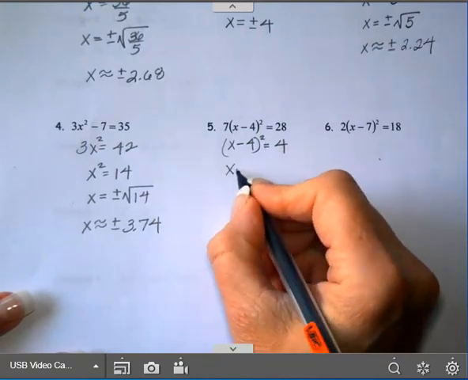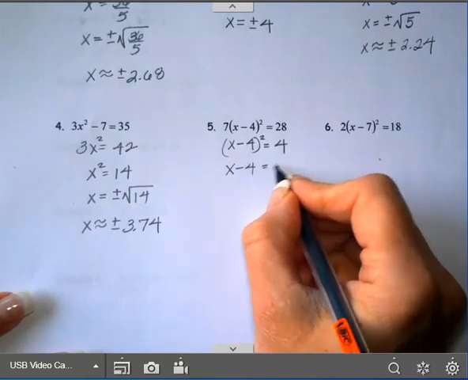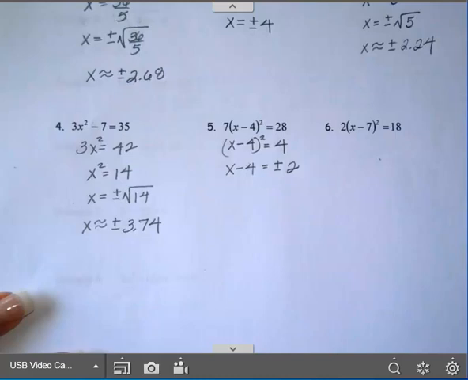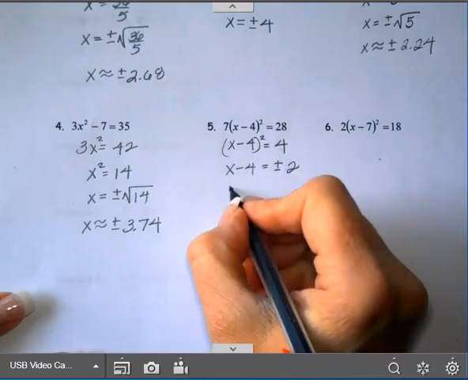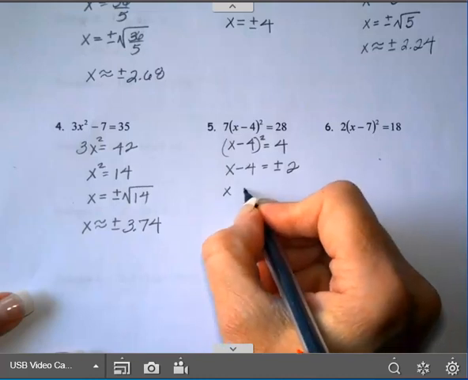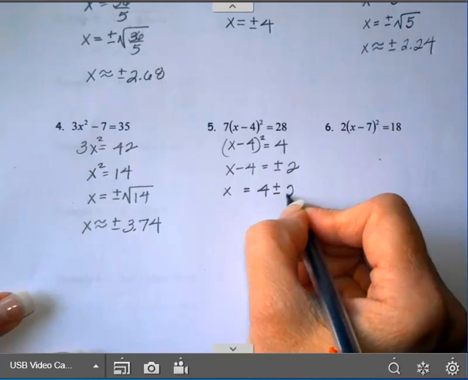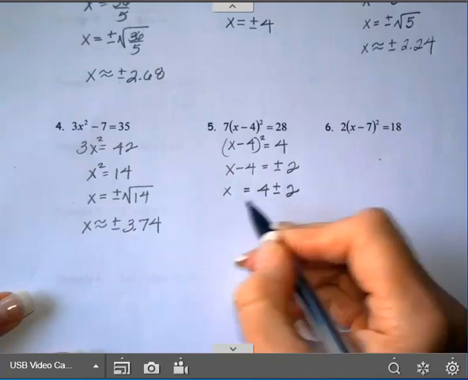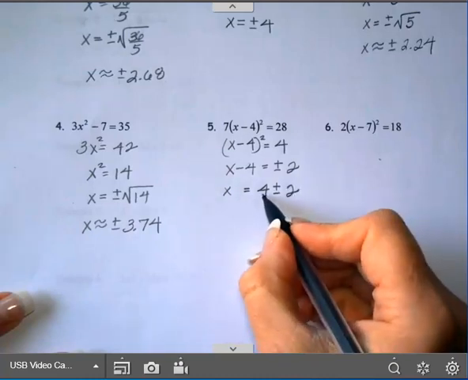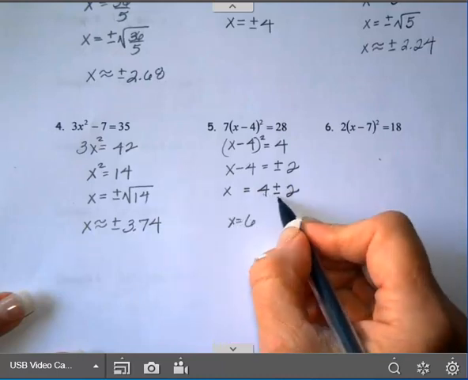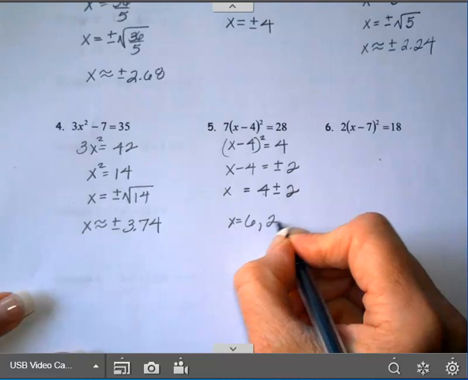Square root of this side will be x minus 4, and the other side you'll have plus or minus 2. And I'm going to add 4 to both sides now. And then I get 2 solutions for x. One is going to be 4 plus 2, which is 6. The other is 4 minus 2, which is 2.